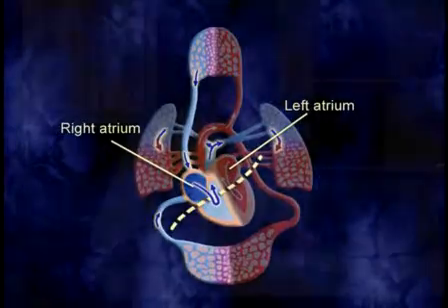It is very efficient this way. The functions are separated, and so this 4-chambered heart is a very, very important part of our system in terms of being efficient. Again, the right side is low pressure, the left side is high pressure, and they have different capacities.